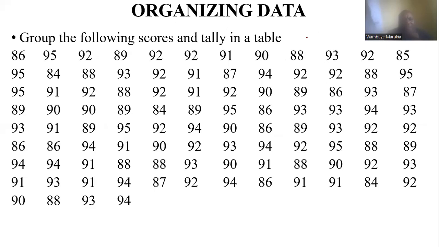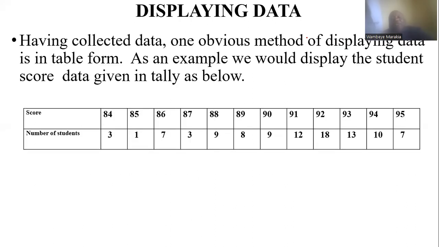We can group this data and have it condensed so that it can be presented in a limited space. Because having a table, if you had so much data, it will not be easy for us to condense it. But when we group data, it becomes easy for us to present it in a good way.